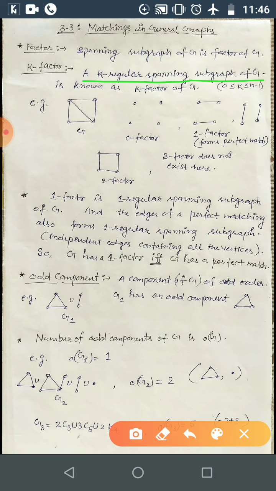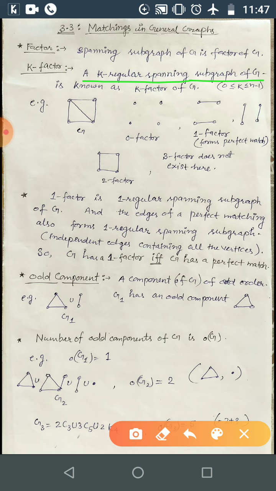Because in case of a simple graph, the degree of any vertex can be at most n minus 1 in a graph of order n. So any degree cannot exceed n minus 1, correct? That's why K should be 0 to n minus 1, anywhere in between that.